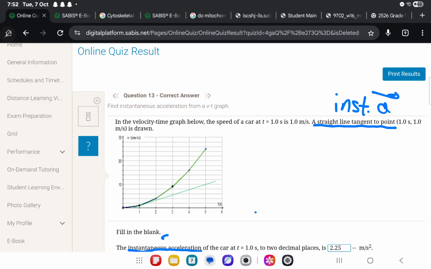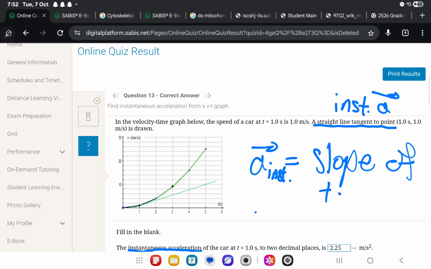Look, instantaneous acceleration, immediately. So you already prepare your mind for what you're about to calculate, what values you should expect to find, everything like that. Now, instantaneous acceleration at a certain point, it's going to be the slope of the tangent.